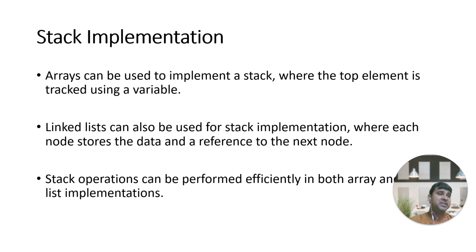And using the linked list means you have a certain number of nodes, and each node has two parts within a single node. One is the data part and the other is the address part.